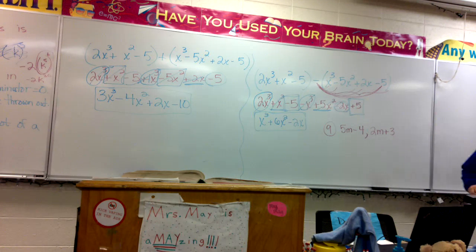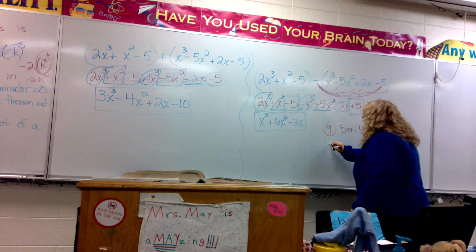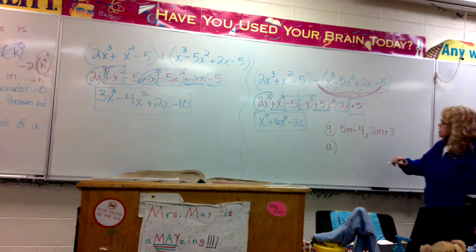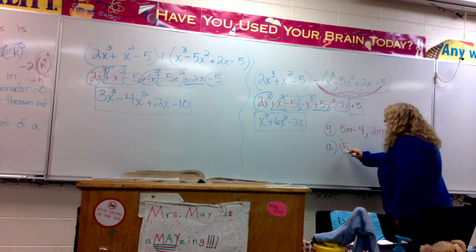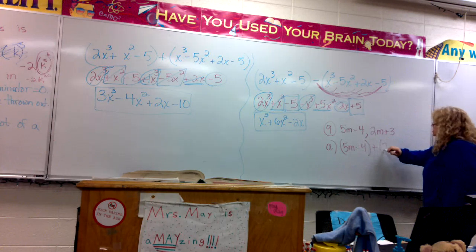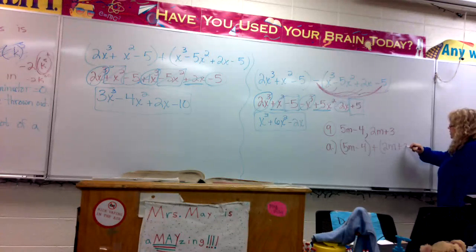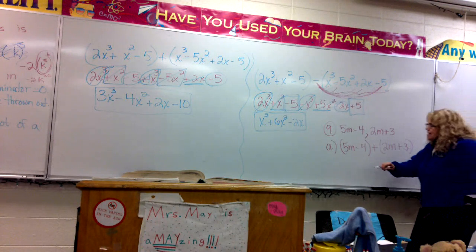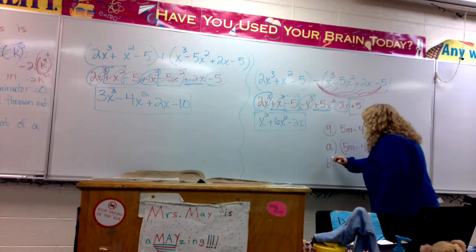And the directions say this. The directions say for part A, you add those. So for part A, you're going to do the first thing plus the second thing. Like that. And then there's a part B, it says to subtract.